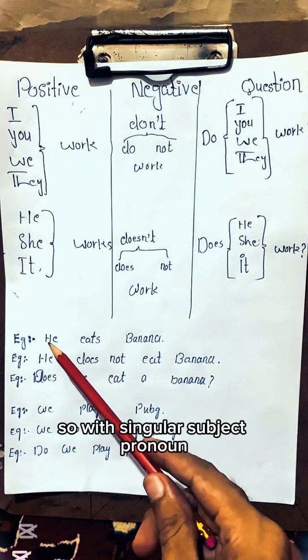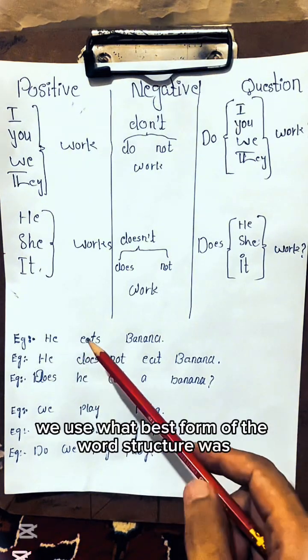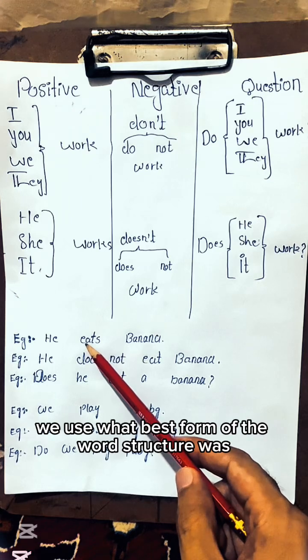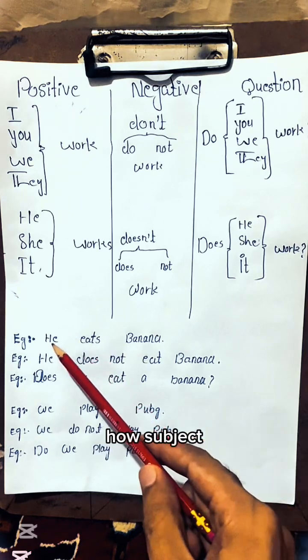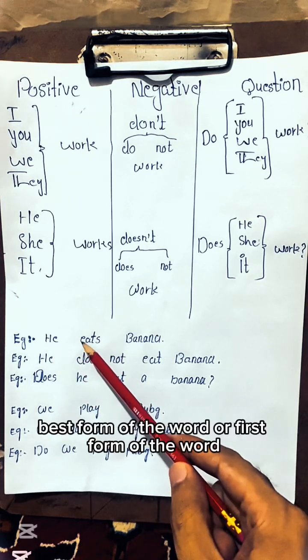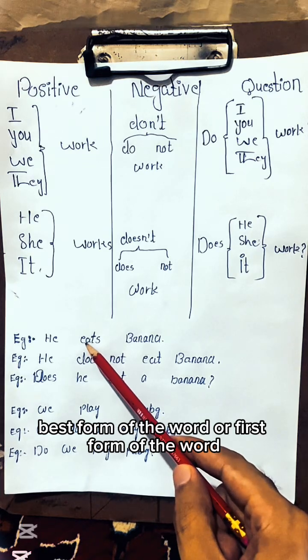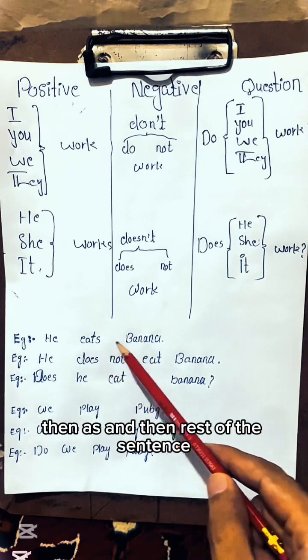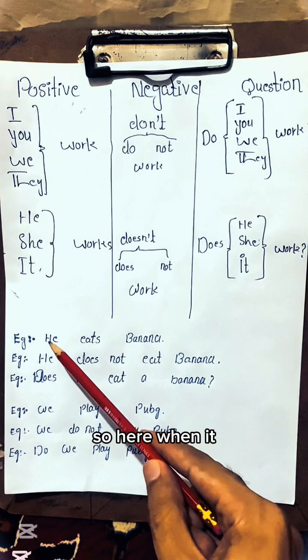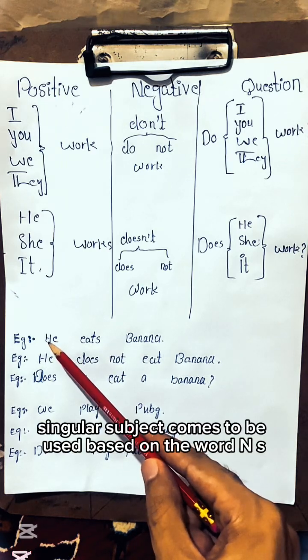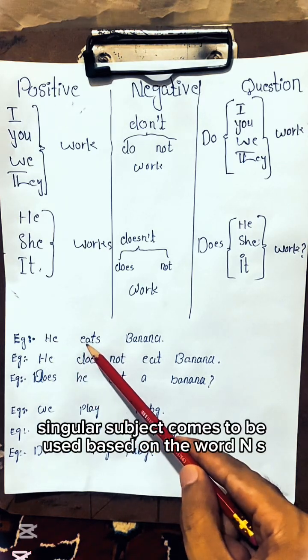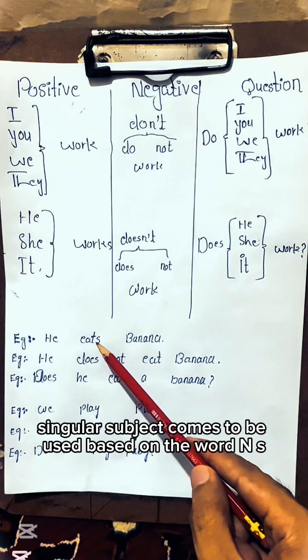So with a singular subject pronoun, we use what? Base form of the word. The structure is how? Subject, base form of the word or first form of the word, then s, and then the rest of the sentence. So here, when a singular subject comes, we use the base form of the verb and s.